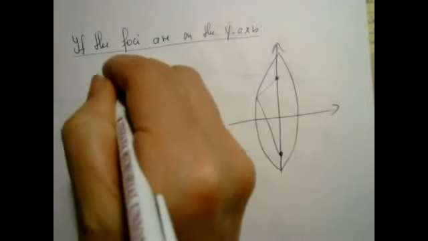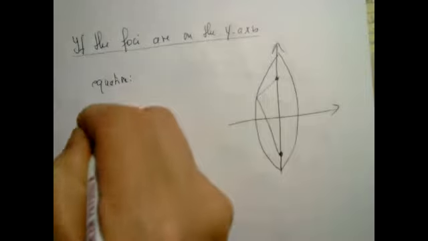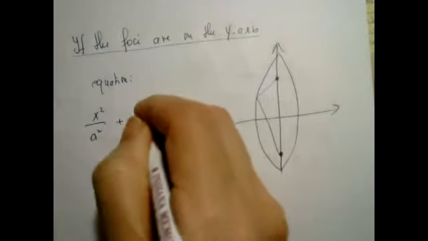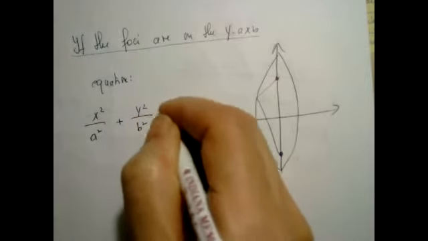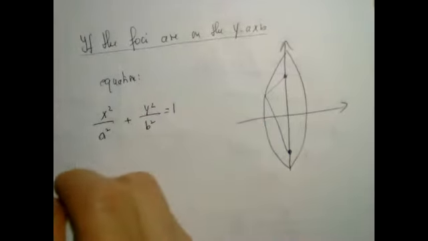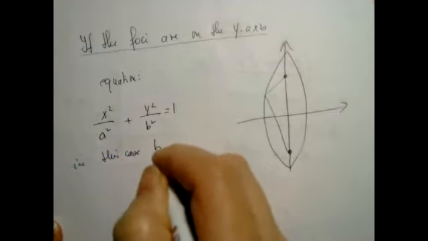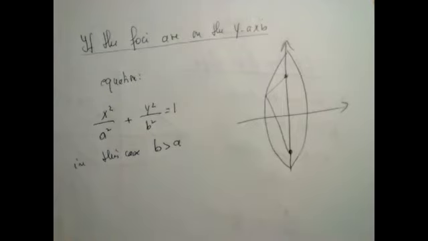The only difference is the following. I will not change the shape of the equation. The equation is always the same, but in this case B will be bigger than A. That will be the difference.